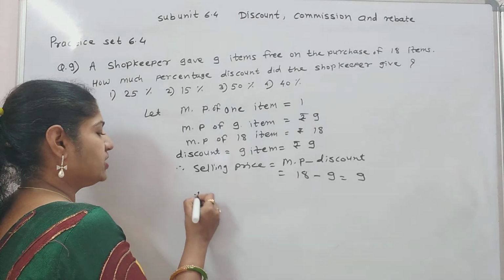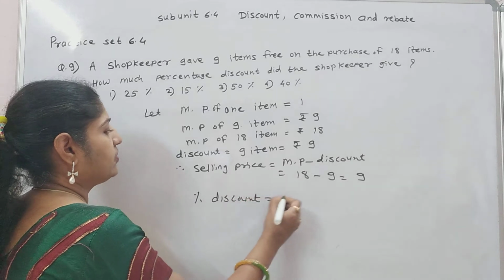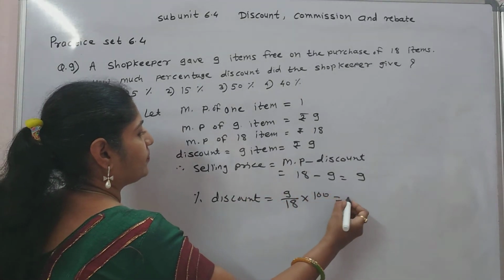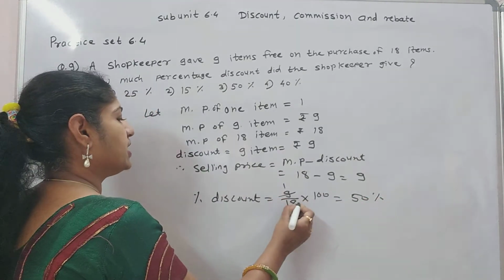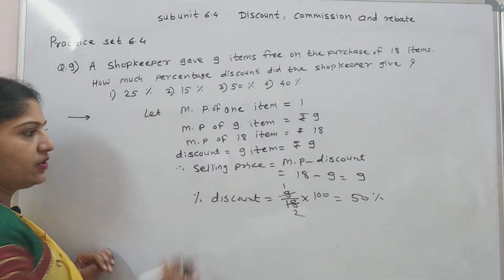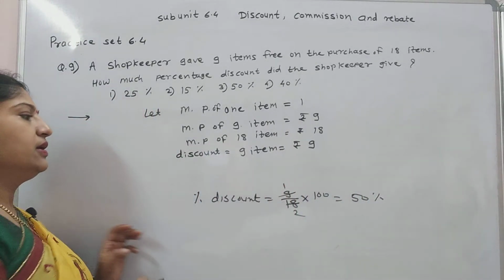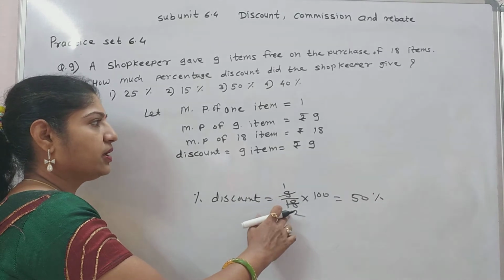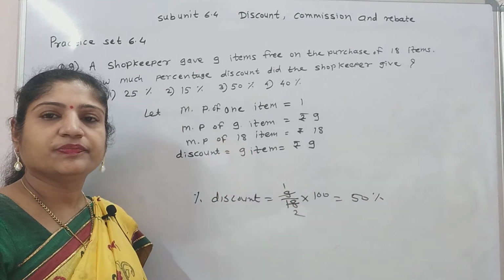So percentage of discount equals 9 upon 18 into 100, that is 50%. No need to write the selling price. Directly, percentage of discount equals discount upon mark price into 100, 50%.